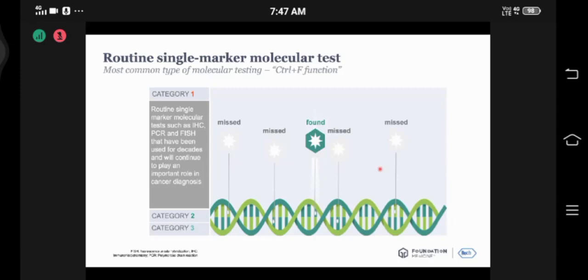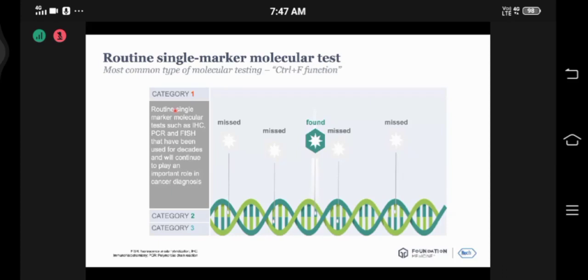A very important factor here, as I'm just reiterating what we just discussed. Let's say we are trying to look for one particular gene. A routine single marker molecular test such as IHC, PCR, or FISH, which have been used for the last 2 to 3 decades, will just find what has happened to that particular gene or that particular protein of interest.